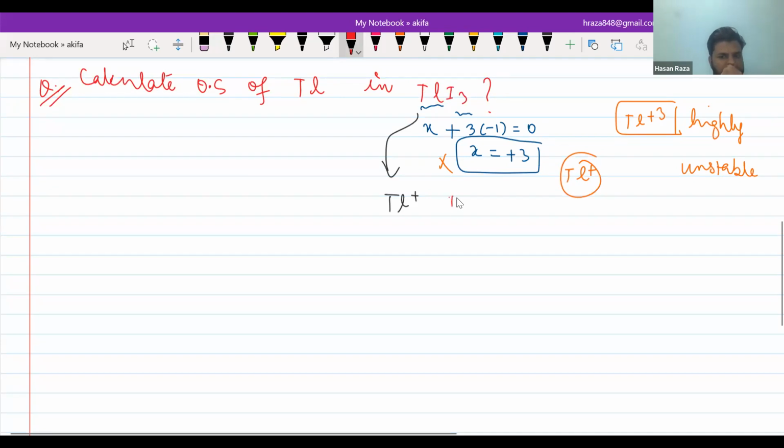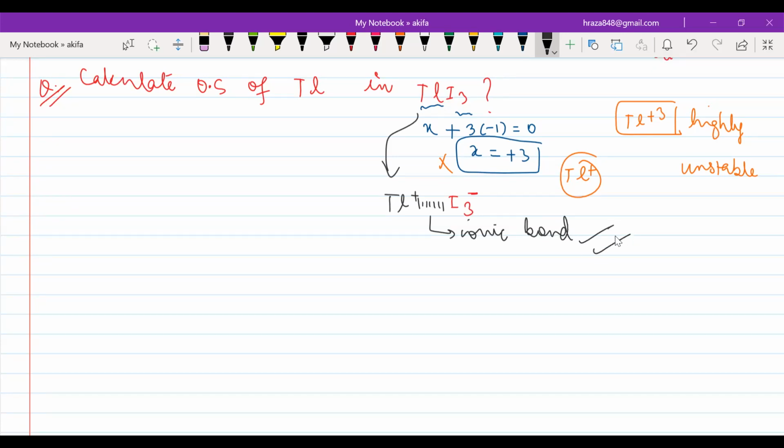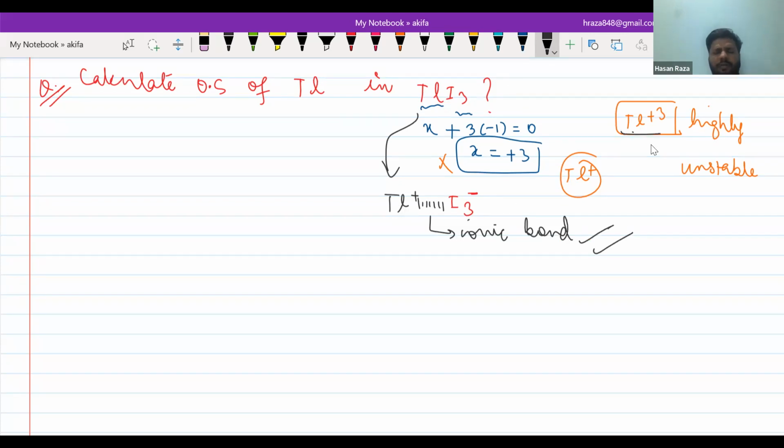This I3 exists as I3 minus, and only a force of attraction, an ionic bond, is formed, right? So that's why it exists in the +1 oxidation state, because the +3 oxidation state is highly unstable. Okay, just try to remember it.